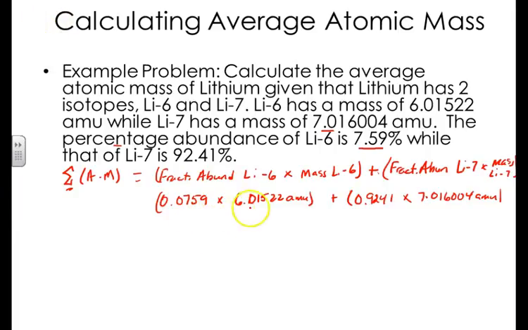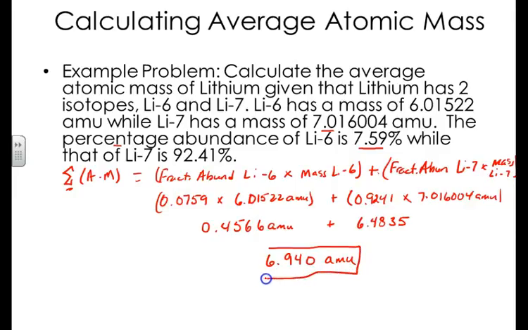So the answer to this first multiplication is 0.4566 AMUs, plus the answer to this second multiplication is 6.4835, and then we add those together and we get 6.940 AMUs.